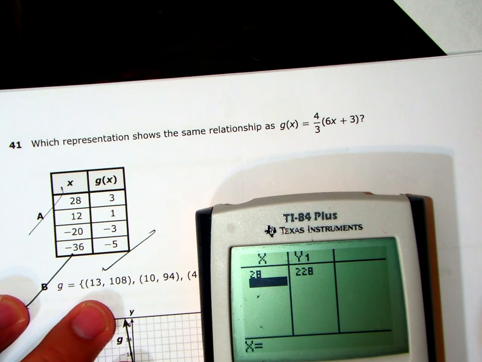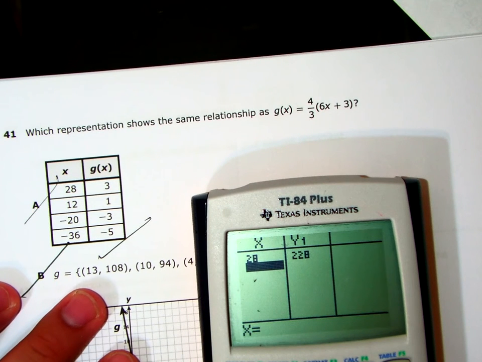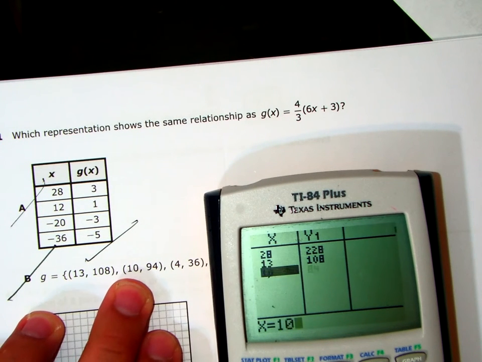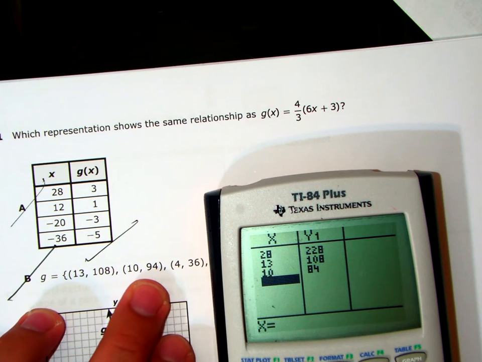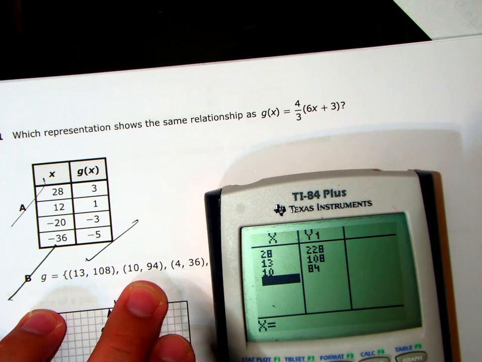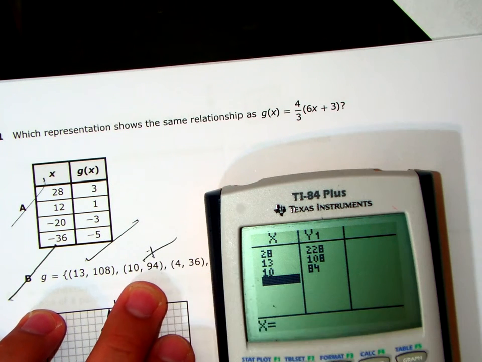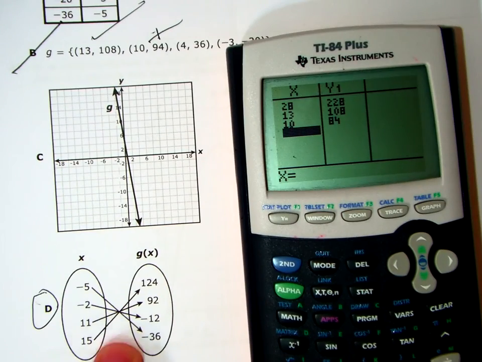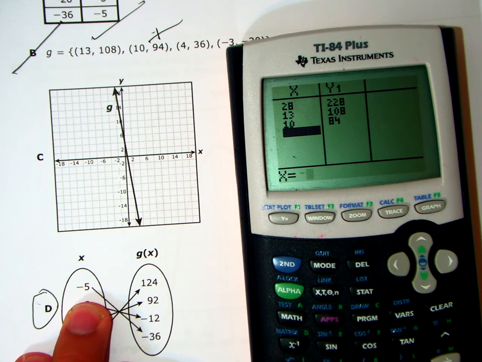Let's try G. It says 13 is 108, so that's good. What about 10? It says 84, right? And that says 94. So that's no good, right? So let's look at this other kind of like table. It says -5. Let's plug in -5.